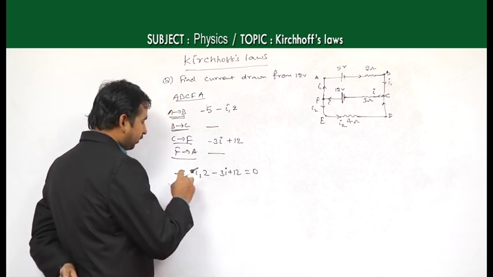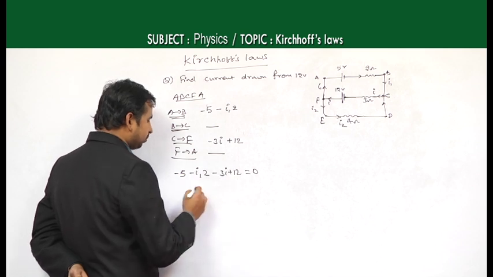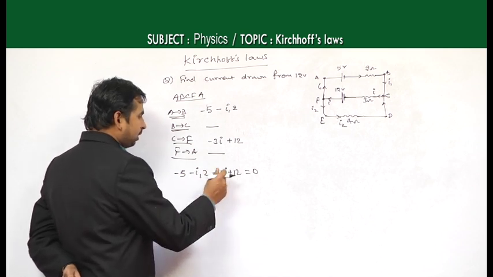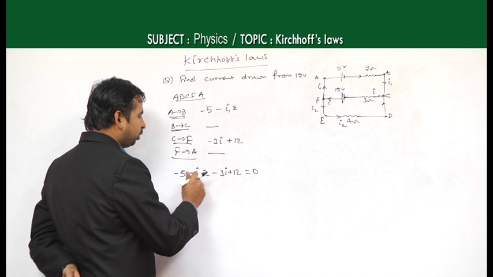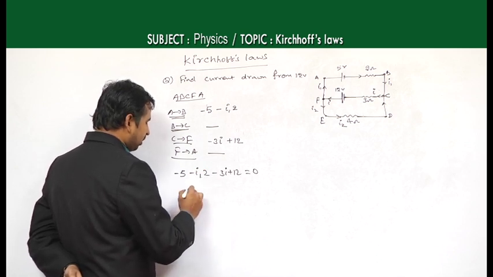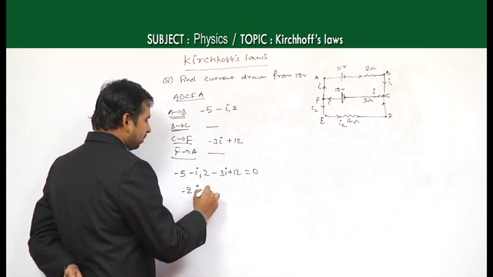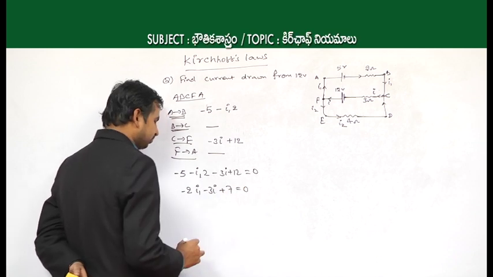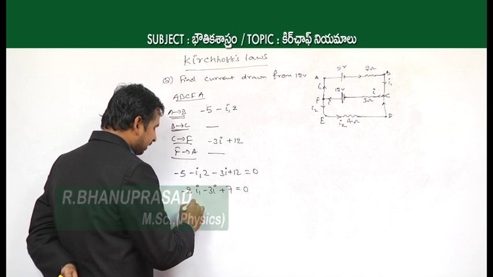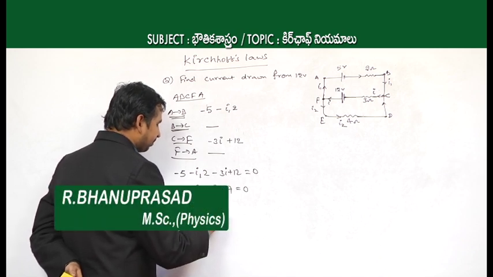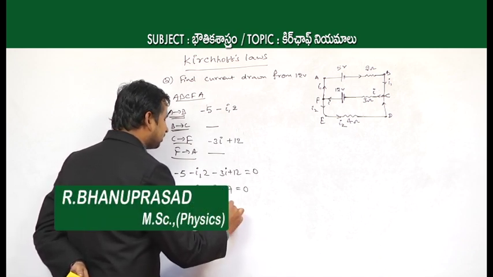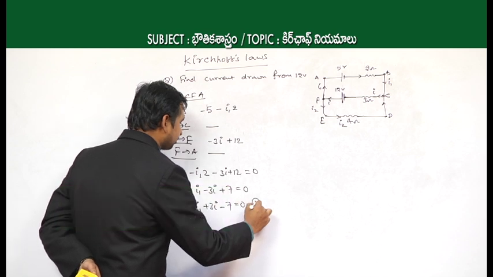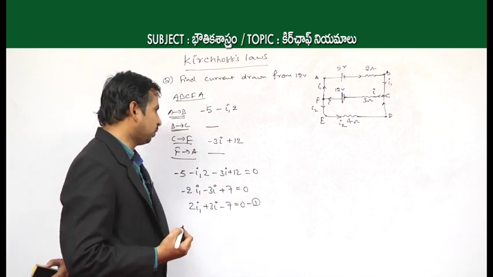Then minus 5 plus 12 becomes 7, and minus 3I we have, and 2 into minus I1, which is minus 2I1, minus 3I plus 7 is equal to 0. Or we can also write that as 2I1 plus 3I minus 7 is equal to 0. Let this be equation 1.